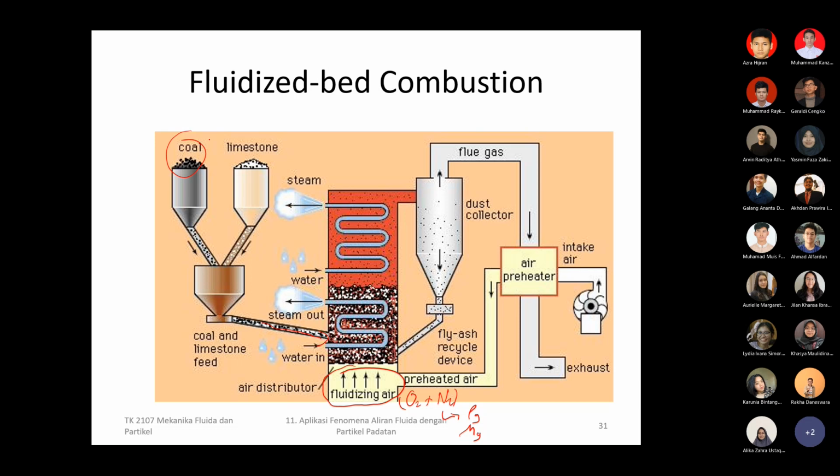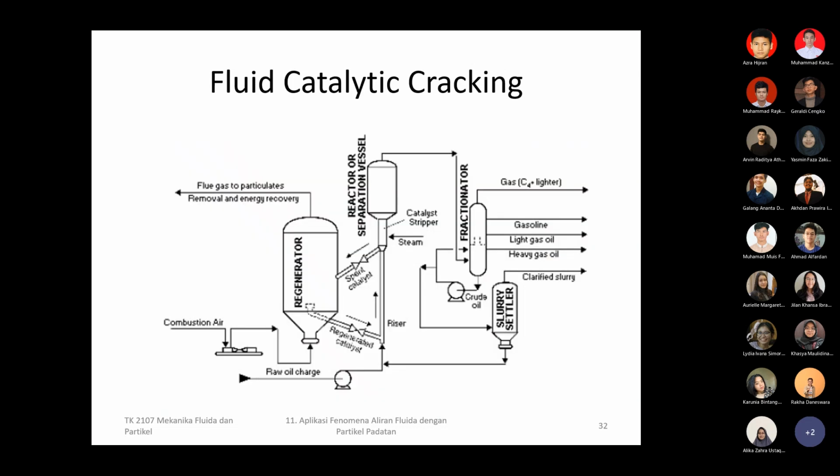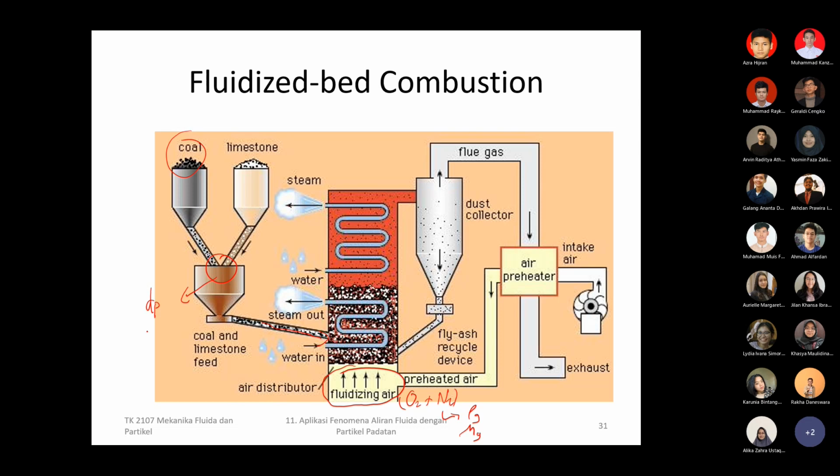Then this is the solid. When we talk about the particle diameter, we're talking about the particle diameter of the coal and the limestone that will be combusted. And if in some cases it requires the density of the solid, again, that's the density of the initial coal before it's sent to the fluidization column.